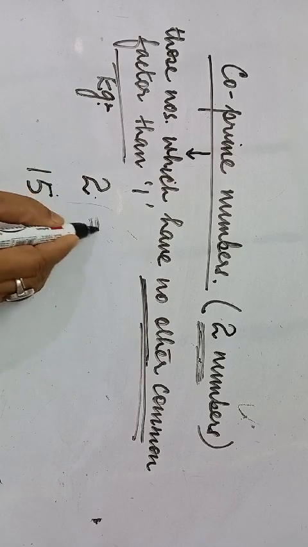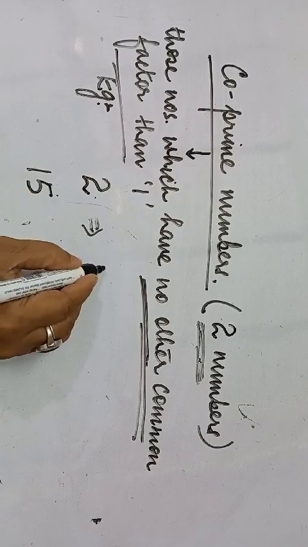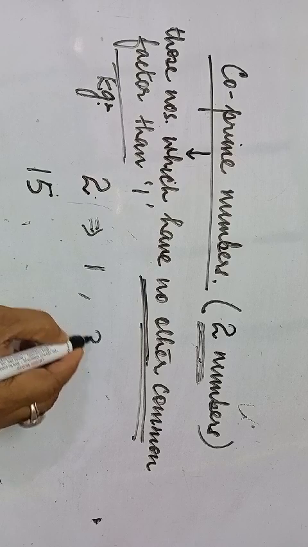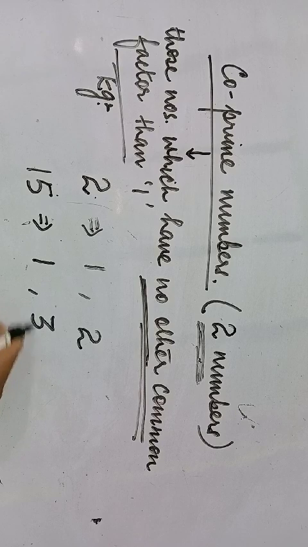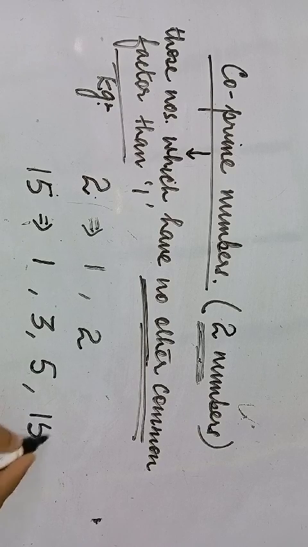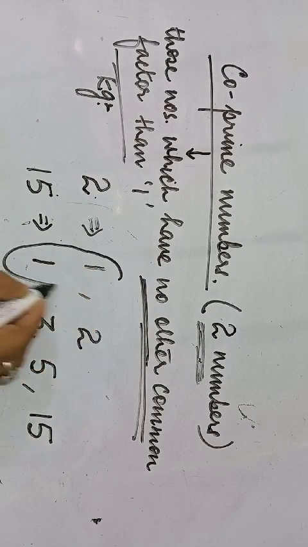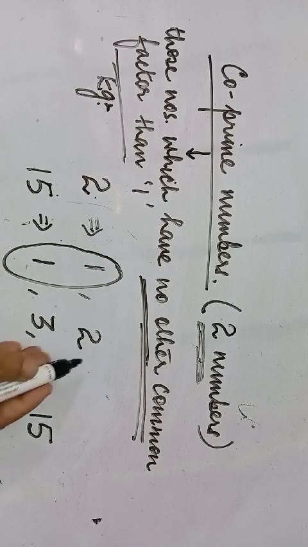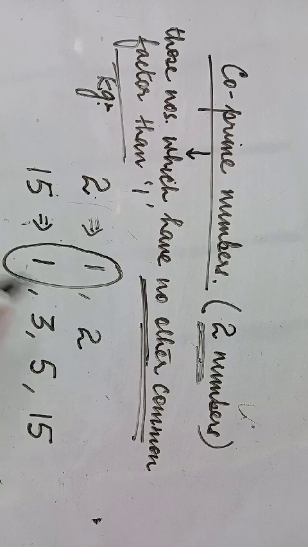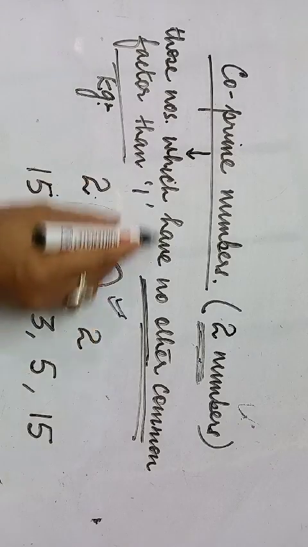So let us see. 2 has 1 as a factor and 2 as a factor. 15 has 1 as a factor, 3 as a factor, 5 as a factor, and 15 itself as a factor. So what is the common factor? Only 1 is the common factor. No other number is getting repeated in both. Okay, so it fits the criteria of co-prime.